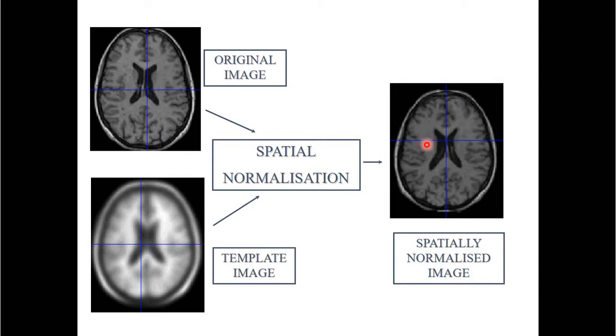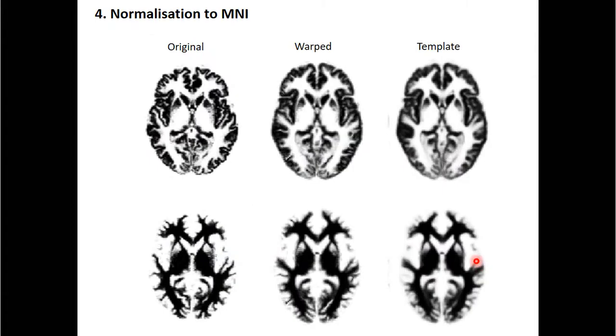And this gives you a normalized image, but more than getting a normalized entire anatomy, you are interested to get the original gray matter segment to be warped towards the template.